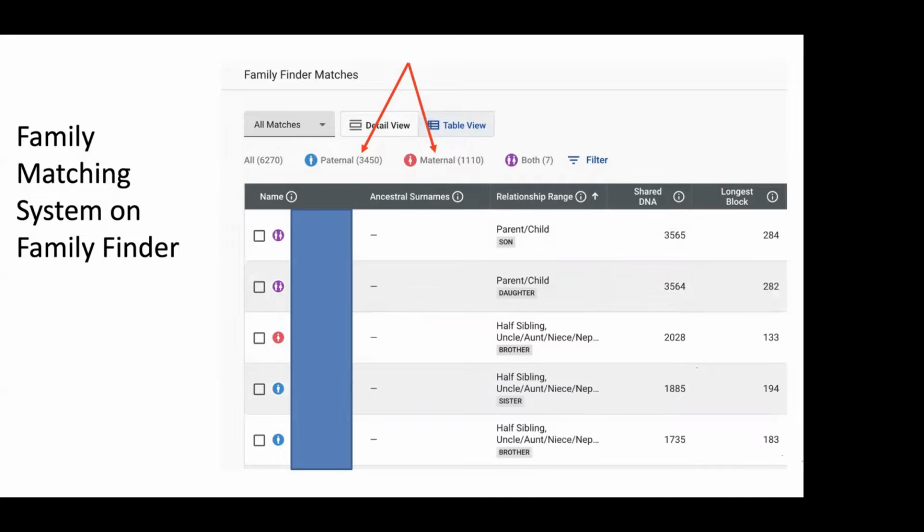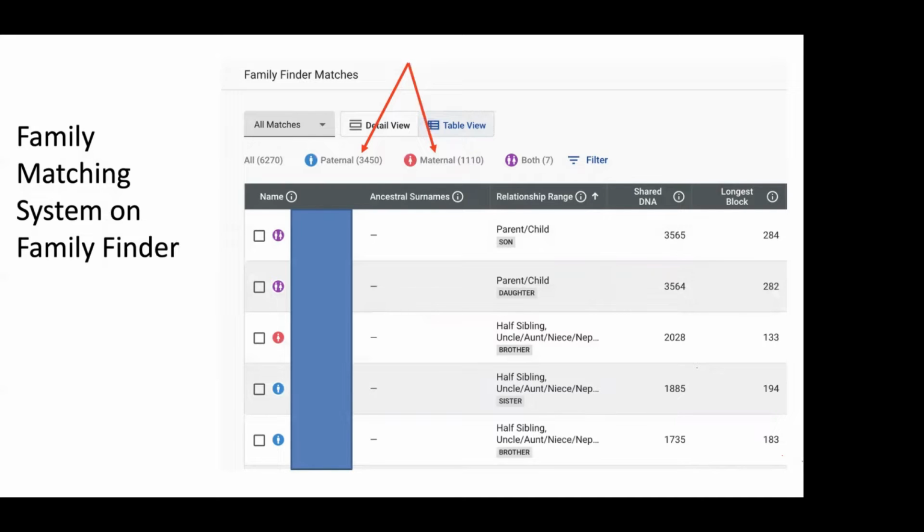One thing I always do is get my close relatives into Family Finder, whether they're tested there or whether I upload them from another test. What you do here is you either import your family tree or just build a small one on the site that includes your tested relatives.